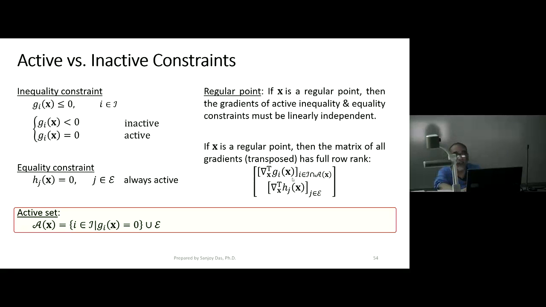Okay, so these are the active inequality constraints, and these are all the equality constraints. The equality constraints are always active. Each gradient is transposed, so each is a row of this matrix. And if this matrix has full row rank, then x is a regular point.